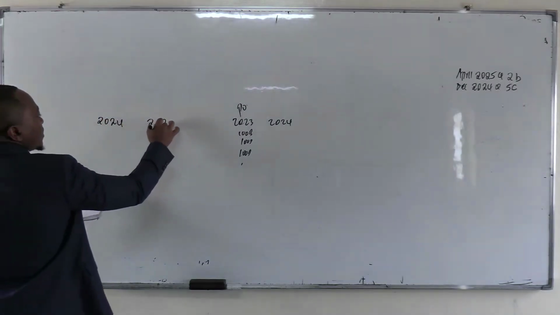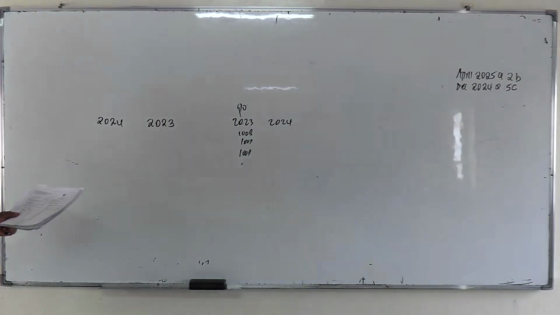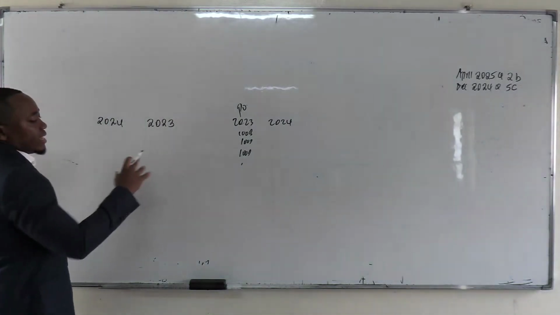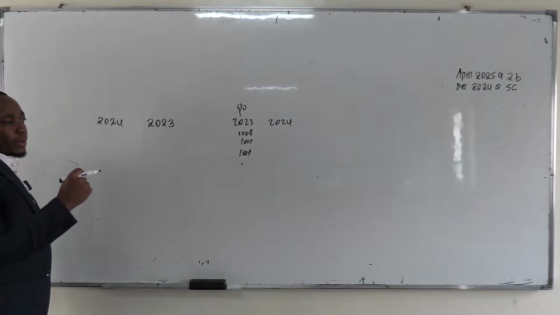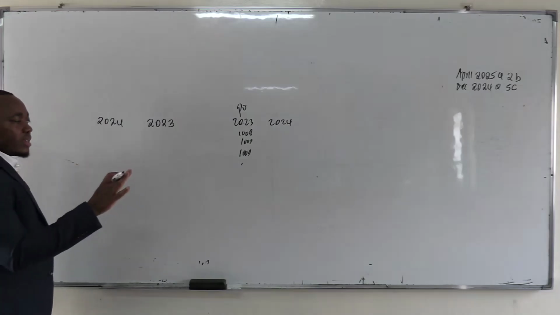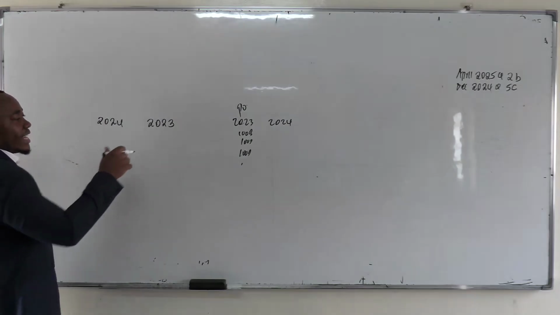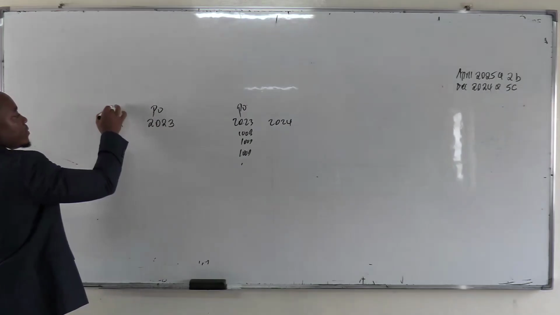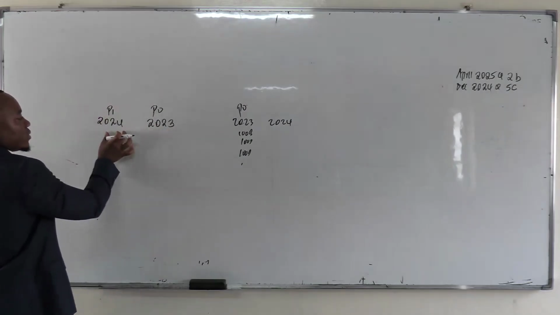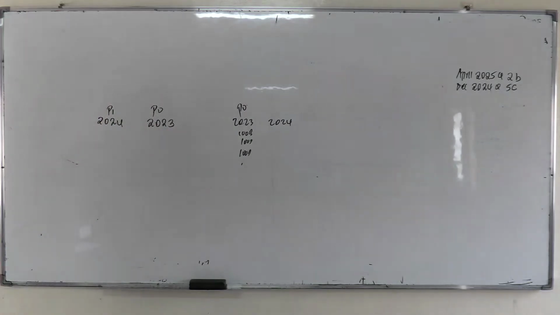If you're given more than one period, unless they are specific, for example if they tell you to perform a common size analysis and they are silent, and we have more than one period, you perform a horizontal. This one will be P0, this one will be P1, 2023, 2024. But in this case, they are very specific. Required: prepare a common size vertical statement of financial position for 31st of August, 2023 and 2024.